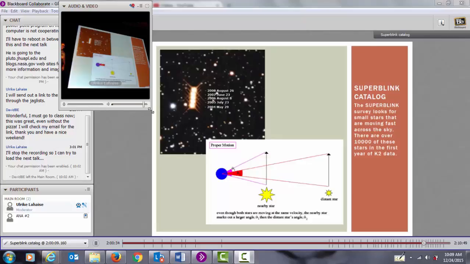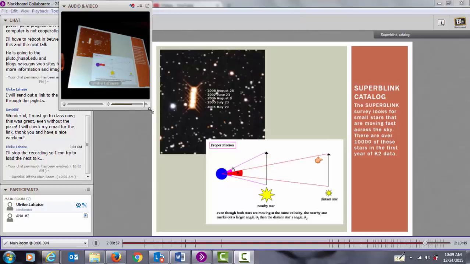These 2 stars are moving at the same speed, which is indicated by the length of those 2 vectors, but because this star is closer, it looks like it's moving more. And so my advisor literally is just blinking back and forth between an older picture and a newer picture of the same star field to get the proper motion.